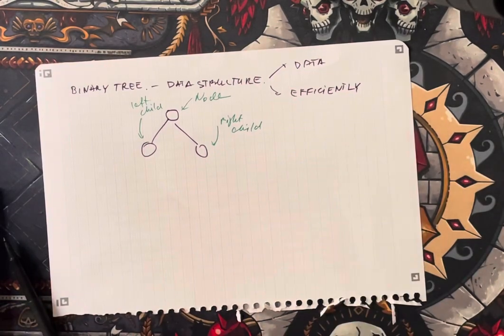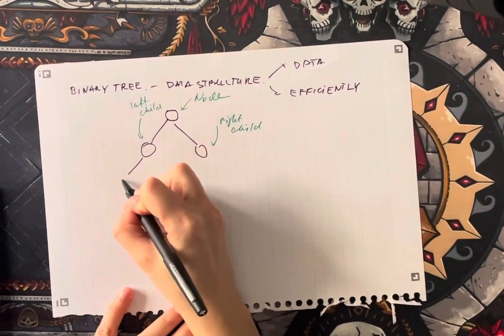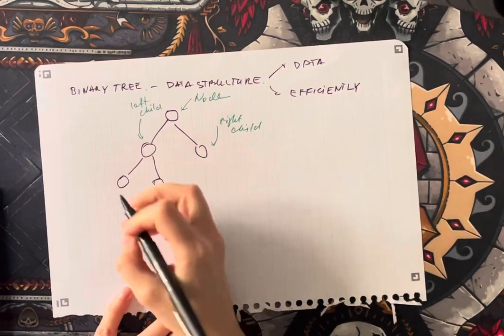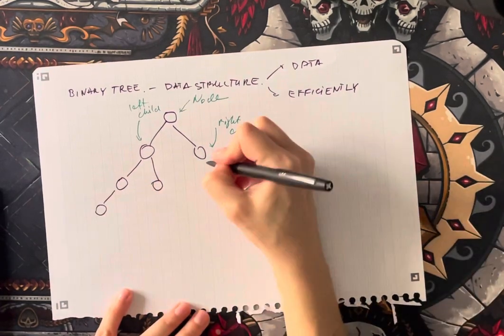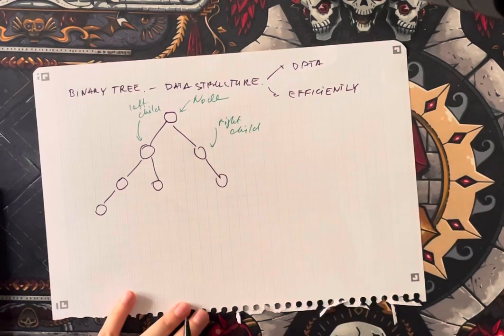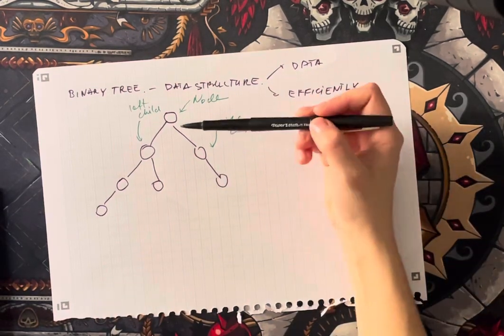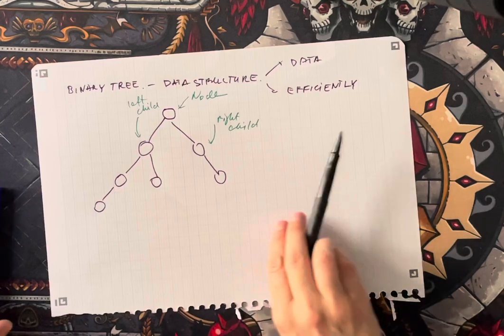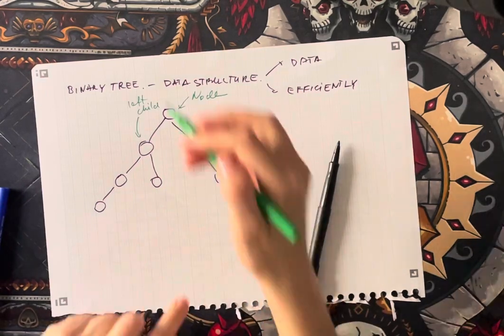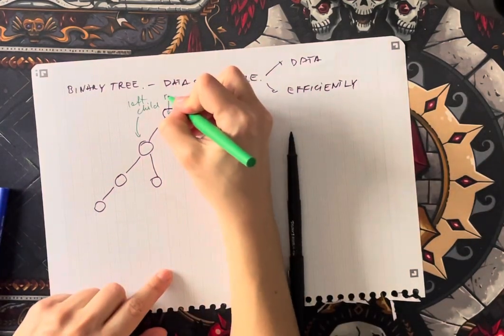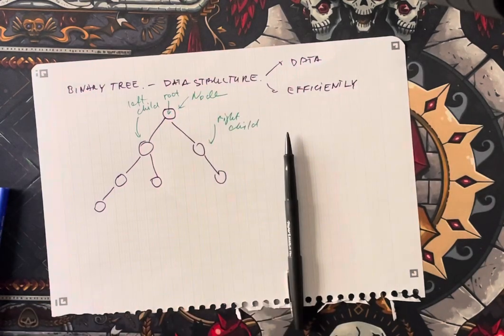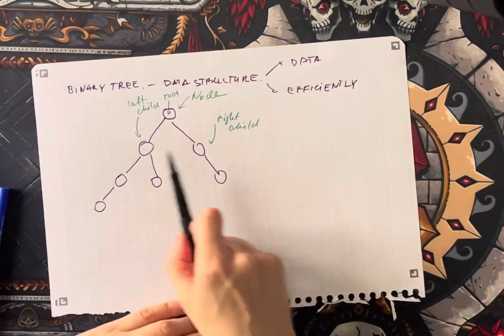Now, every child can also have children. Here, you may have noticed that the very first node, which by the way is called the root of the tree, has two children.